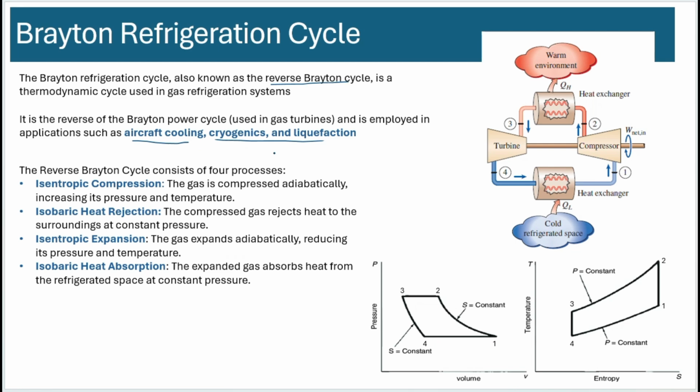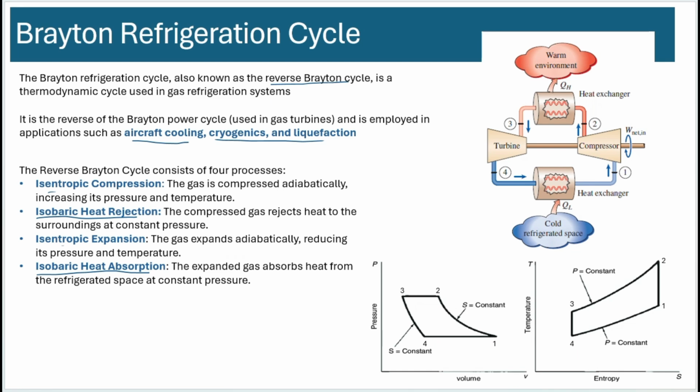The main difference between this cycle and the Carnot cycle is that the heat rejection is happening isobarically, not isothermally. It's isobaric heat rejection and isobaric heat absorption. The compression and expansion are all isentropic. So the cycles look slightly different.